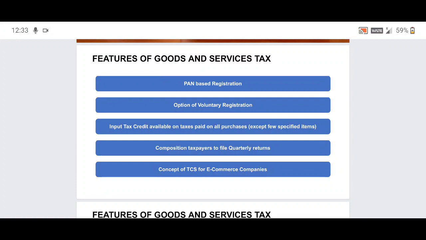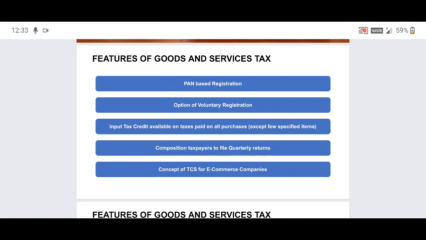Let's move forward to the second important feature of GST. The second important feature of GST is the option of voluntary registration. Under the GST law, there is a specified limit of turnover.